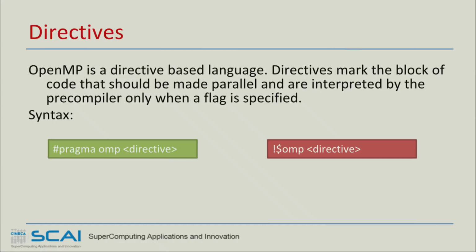This is quite useful because those messages are interpreted by the precompiler. So if you don't want to use OpenMP, just skip putting the flag, and those messages will be interpreted as comments. If you want to use OpenMP, you add the flag to the compiler in general, and during the precompilation, those will produce a code that is OpenMP parallelized.